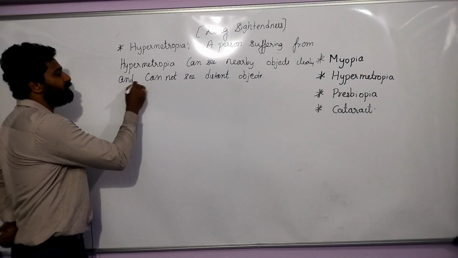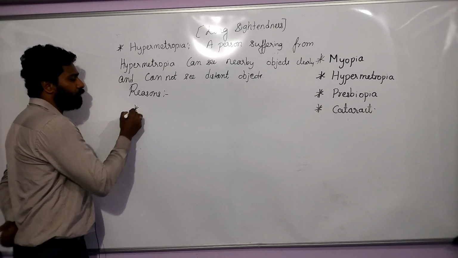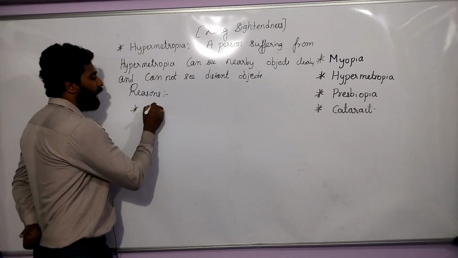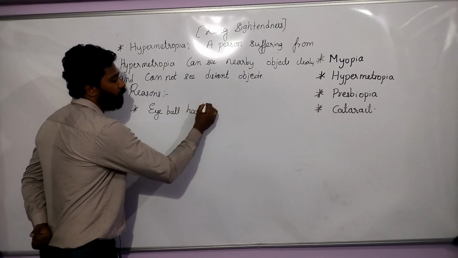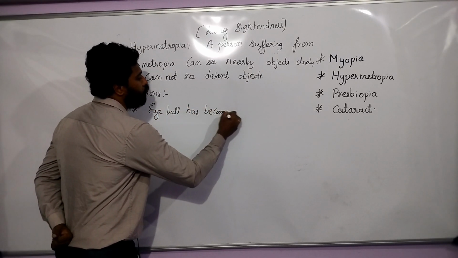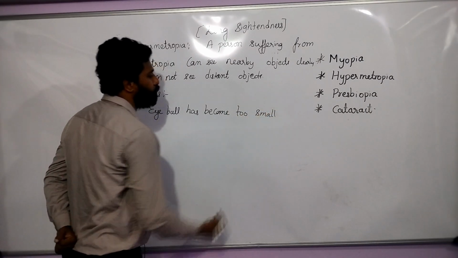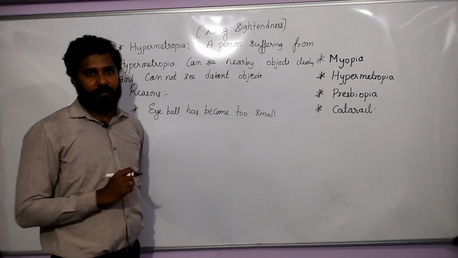Next, what are the reasons for hypermetropia? There are mainly two reasons. The first one is that the eyeball has become too small. If anybody has a smaller eyeball, then they are suffering from hypermetropia.